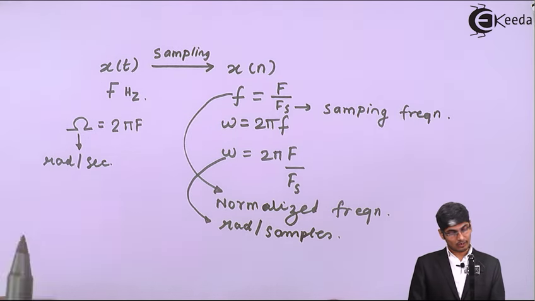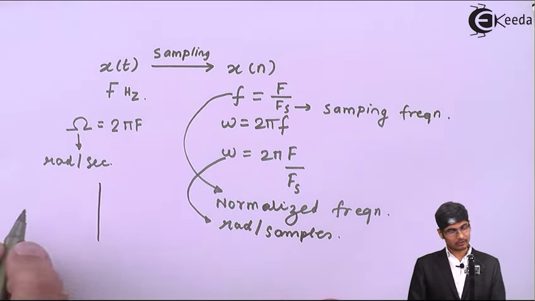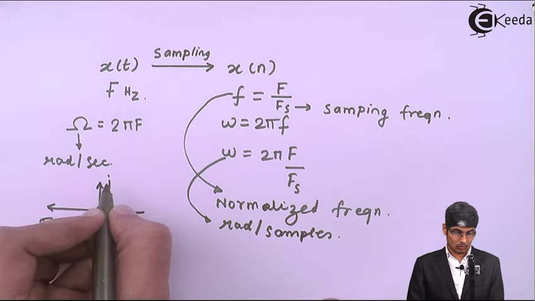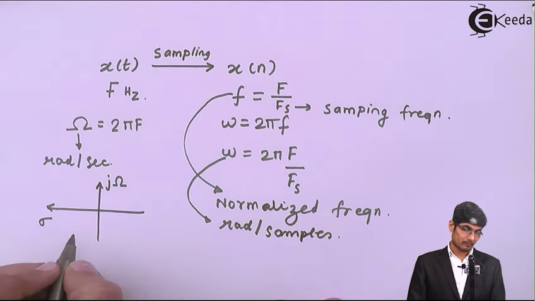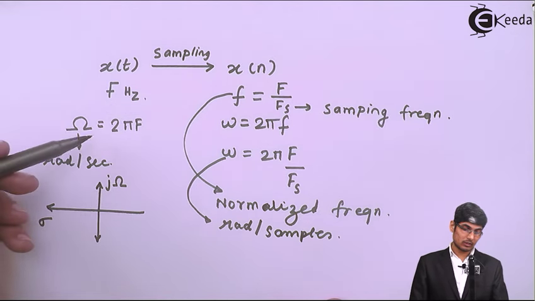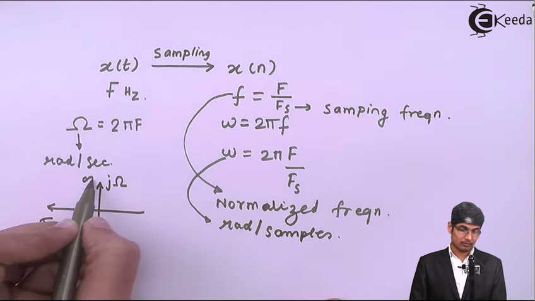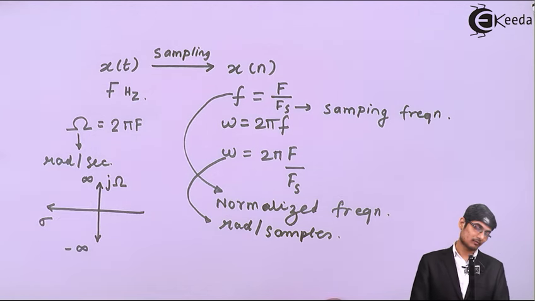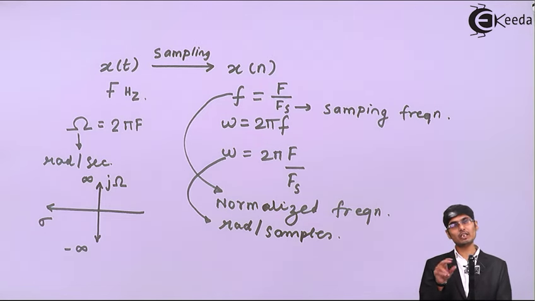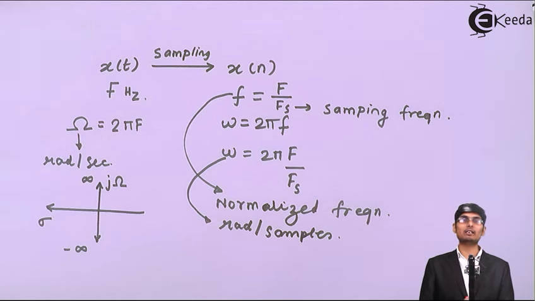If I draw, we normally draw this using the S plane, wherein we have sigma and j omega, and j omega goes all over from plus infinity to minus infinity. That means every unique frequency will have a unique signal pattern available for it.